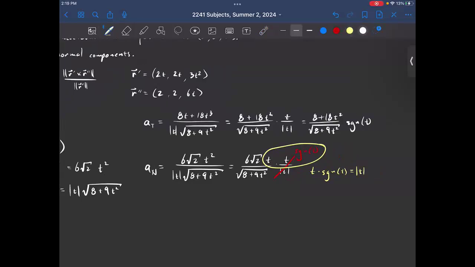Well, okay, that kind of makes sense. If t over absolute value of t is the definition of the sign function, well, you just multiply the absolute value over.